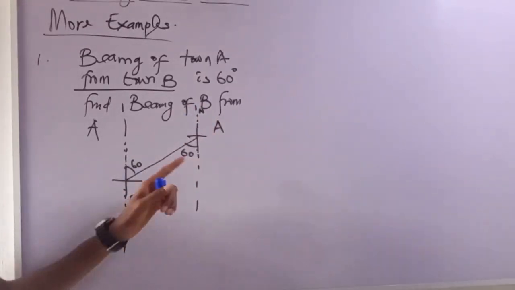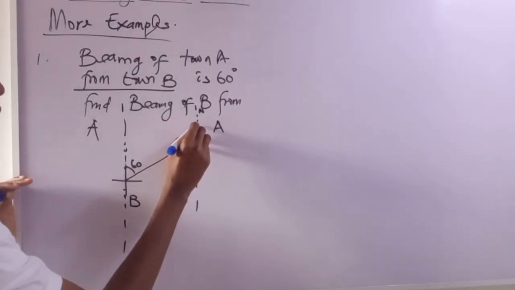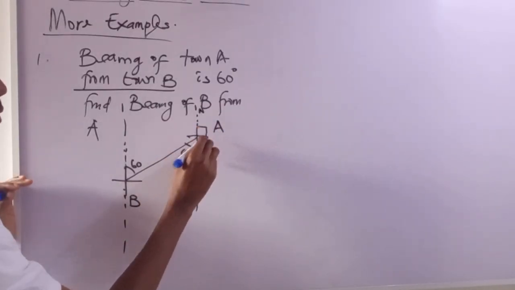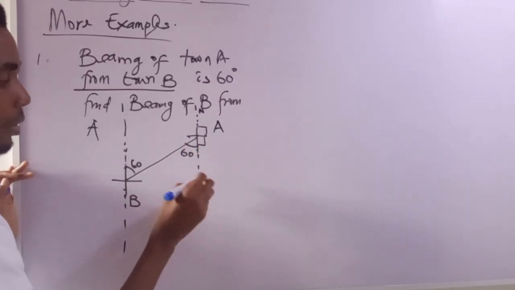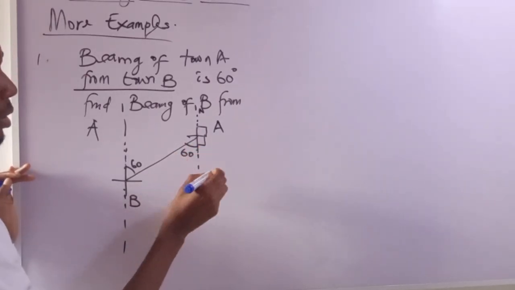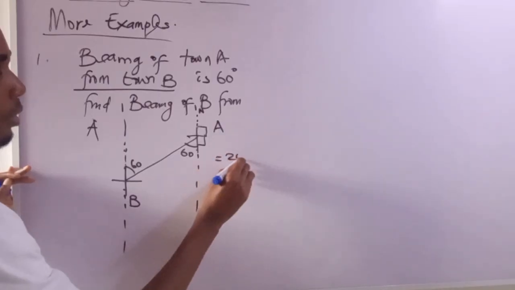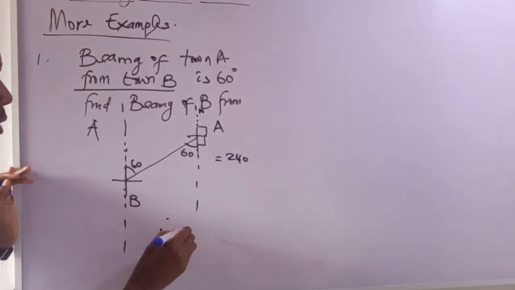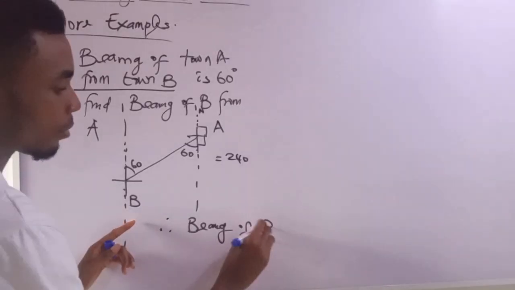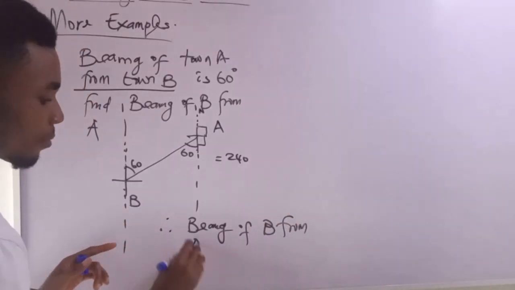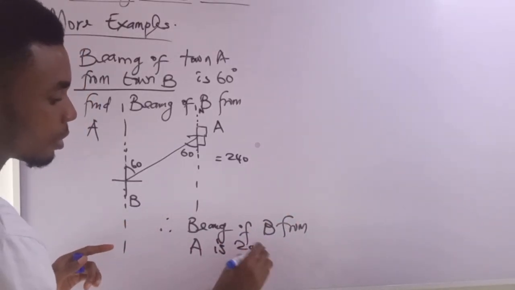So for us to find the bearing of B from A now, we start our measurement from the north. From the north, we have here already 90 plus another 90, which gives us 180, and 180 plus 60 degrees gives us 240 degrees. Therefore, we say that the bearing of B now from A is 240.